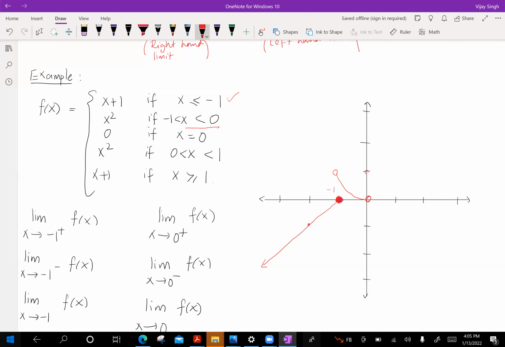Sorry, let's change this function, my bad. At 0, I want to define it by 1. So at 0, it's defined by 1. Again, dot for the included and hole for excluded. Now again, from 0 to 1, it's defined by x squared, like this.